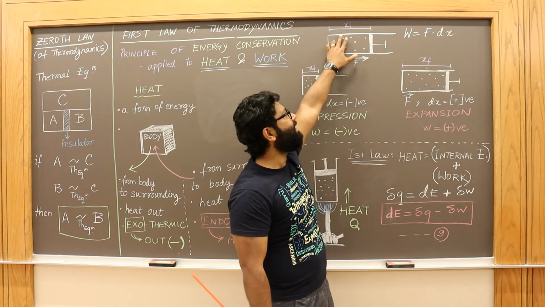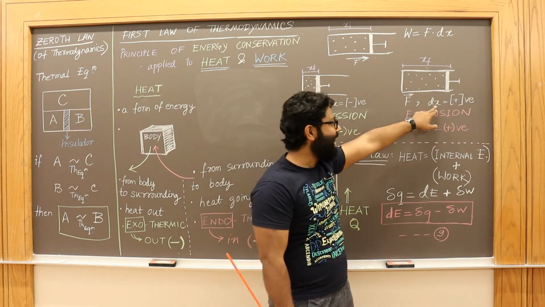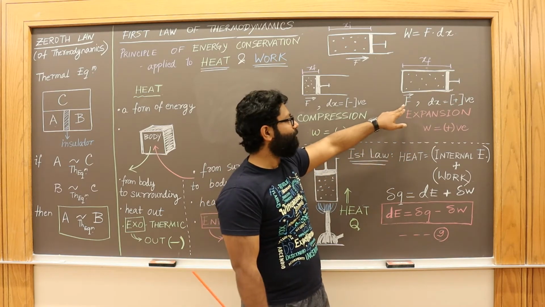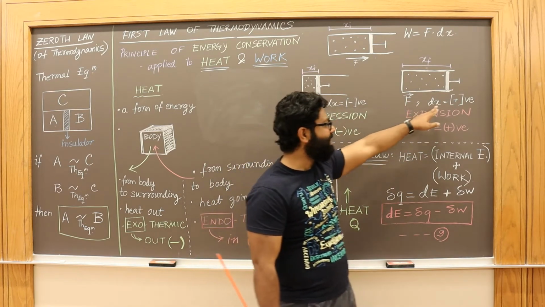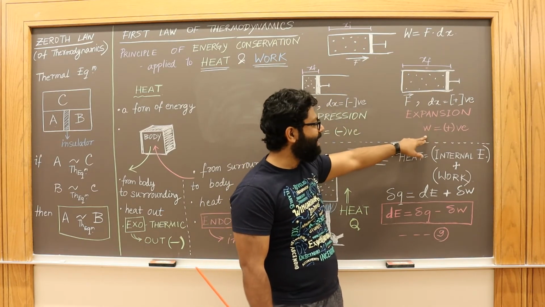Say this was 10 centimeters in here, and this has now become 15 centimeters. So the dx is 15 minus 10, which is 5, a positive number. So force is in this direction, dx is positive, you have an expansion, and therefore the work done here is positive, right?